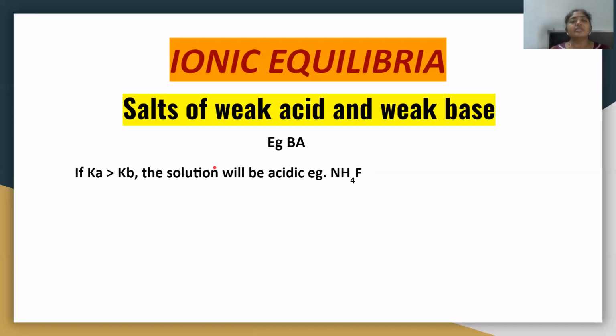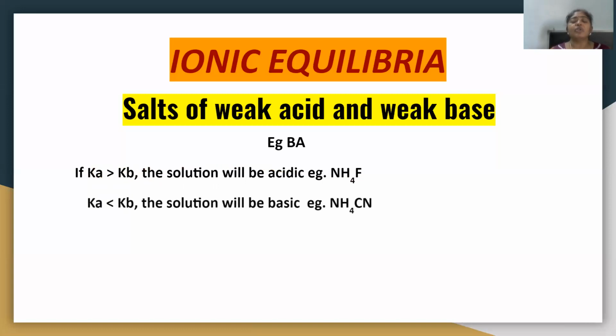And that is why, since the Ka value, or the acid's dissociation constant, is more than the dissociation constant for the base, this solution will be acidic in nature. So you cannot determine it just by looking at the equations; you have to find out experimentally, calculate the value of Ka and Kb, and then determine whether the solution is going to be acidic, basic, or neutral.